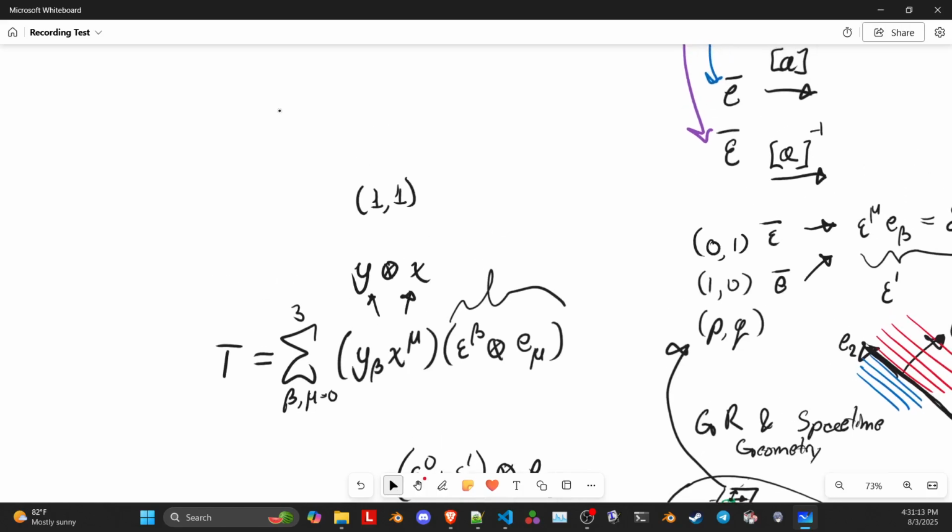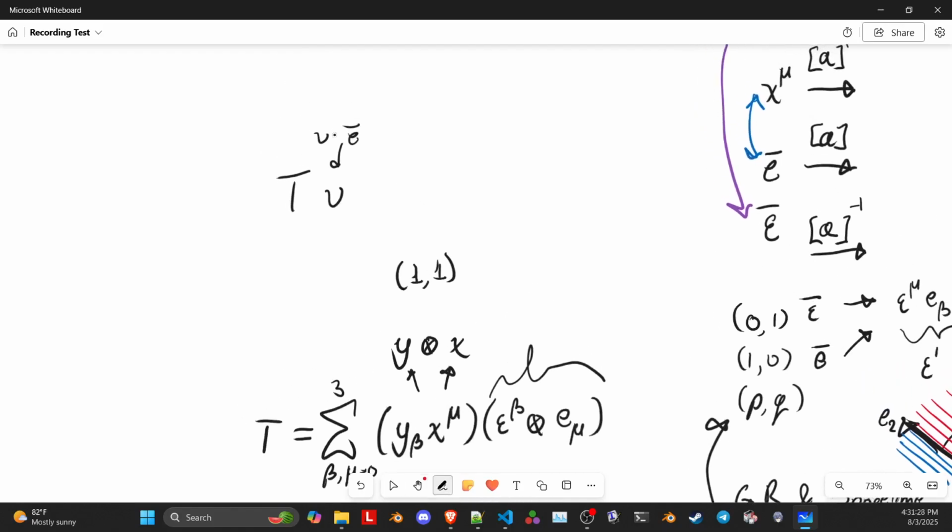And here it is. A 1-1 tensor T can take a vector V, which is some combination in the E frame with V components. Need another Greek index. We'll use beta again. Oh, but we used beta before. Let's see. Mu.